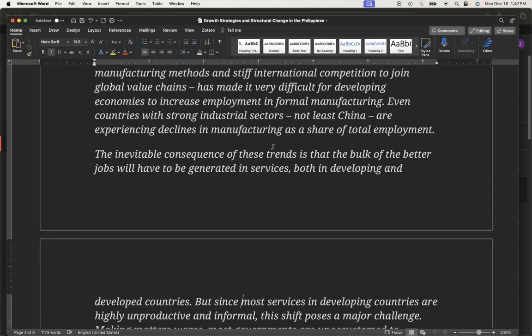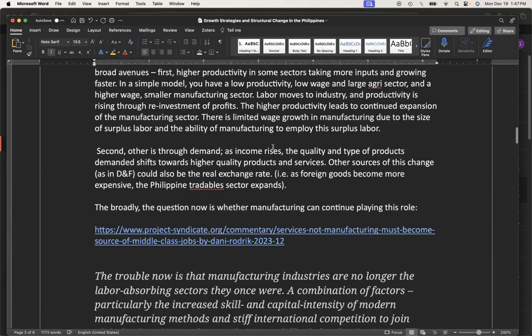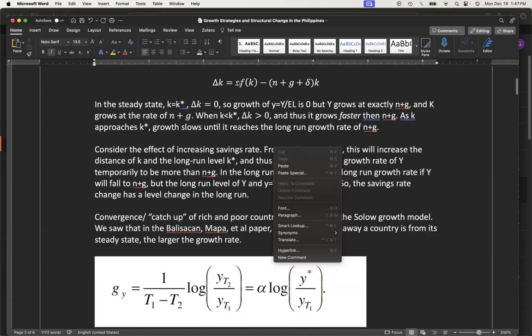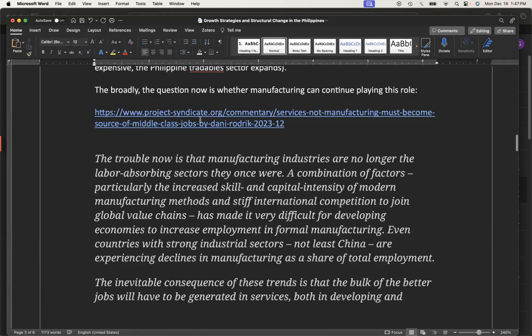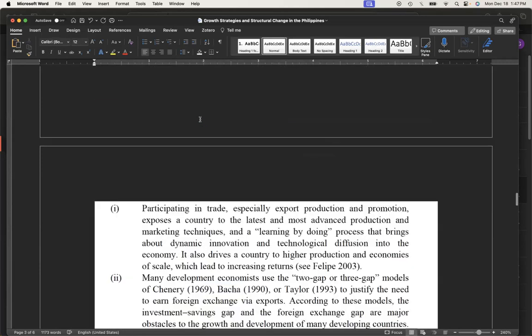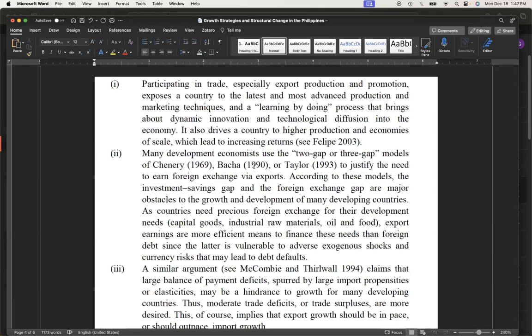And I'd like to end with that because, going back to the benefits of export-led growth, this is totally correct, that we need to earn foreign exchange. We need to attract investment into the country.